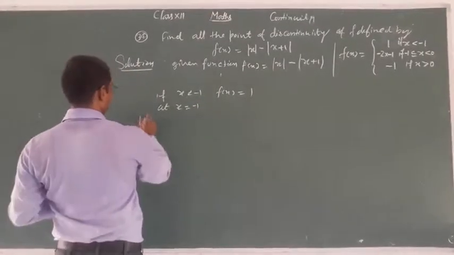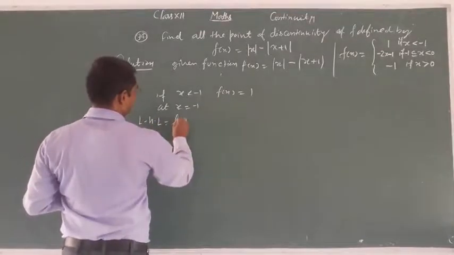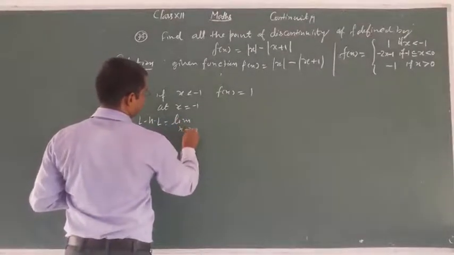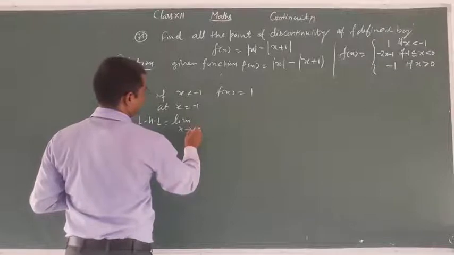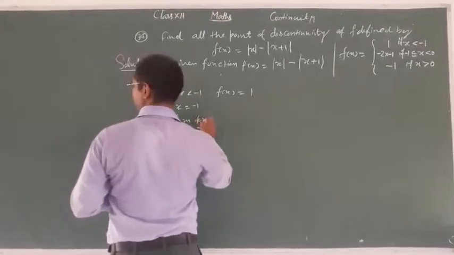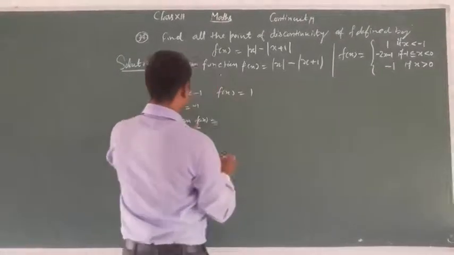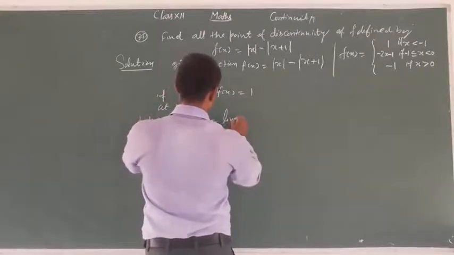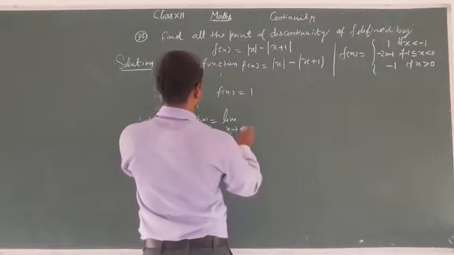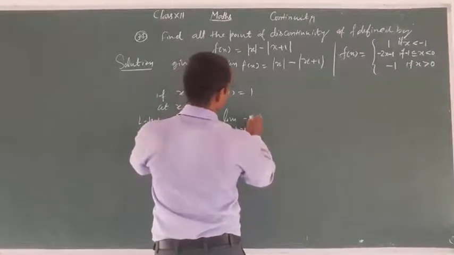So the left hand limit, x tends to minus 1 from the left, f(x) is equal to 1.